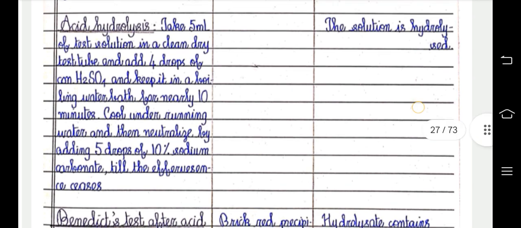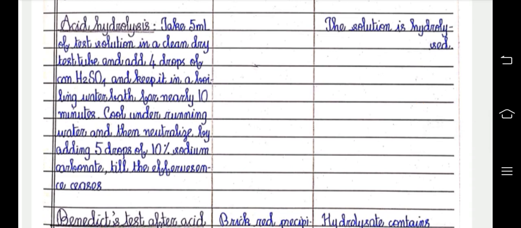Once again, take 5 ml of test solution in a clean dry test tube and add 4 drops of concentrated H2SO4. Don't add HCl. We are talking about H2SO4. Keep it in a boiling water bath for nearly 10 minutes. Cool under running water and then neutralize by adding 5 drops of 10% sodium carbonate till the effervescence ceases.